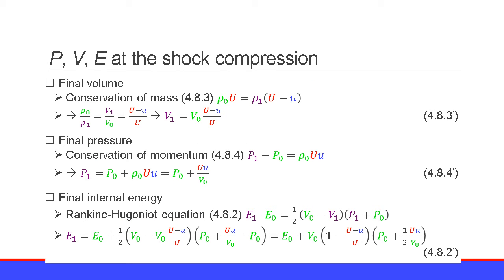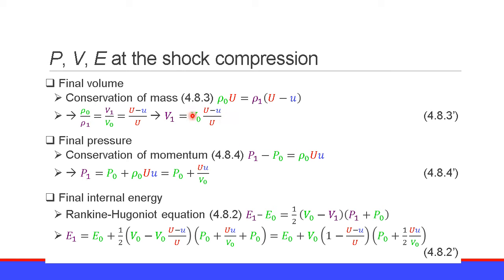The observed values are the shock velocity, large U, and the particle velocity, small u. We know the density or volume before compression and the pressure before compression, and we can assume the internal energy before compression. Therefore, let us express the volume after shock compression, V1, using V0, large U and small u.